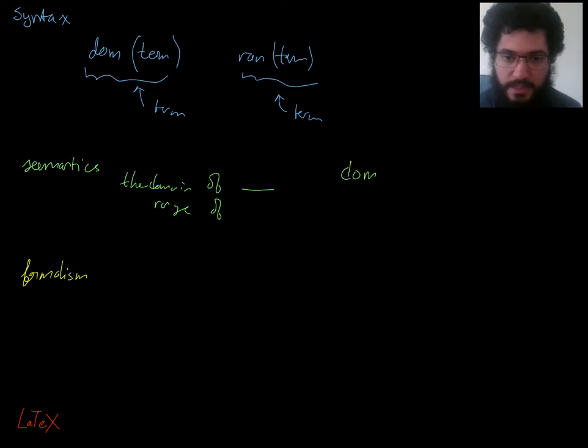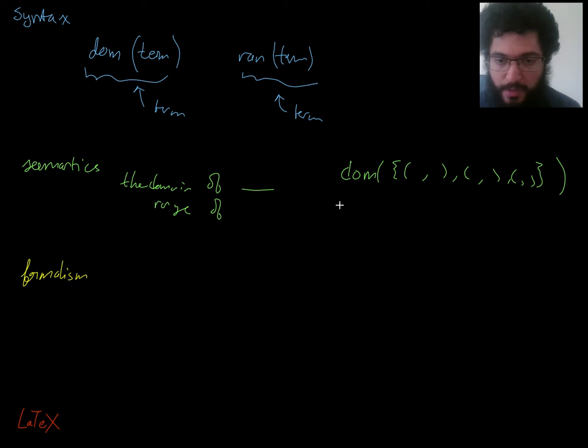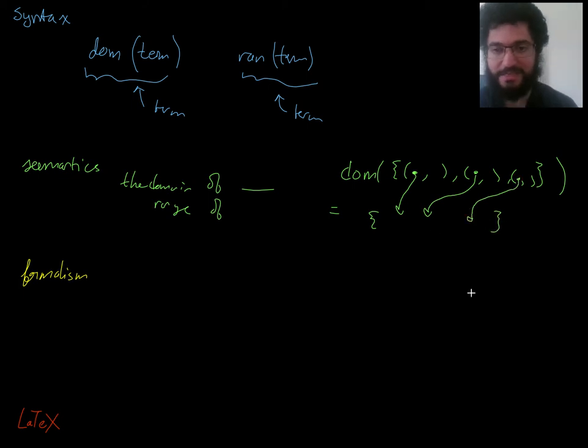So the idea is when you take the domain of a collection of ordered pairs, like one pair, another pair, maybe another pair, then what that's supposed to be is the set that you get by extracting the first position in each pair. Extract those first positions and collect them together and put them into a set. So that's the idea of domain.